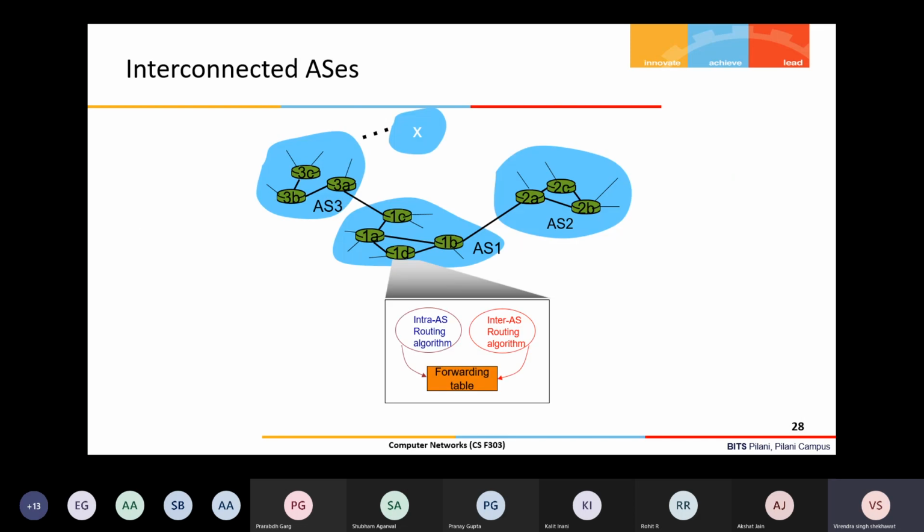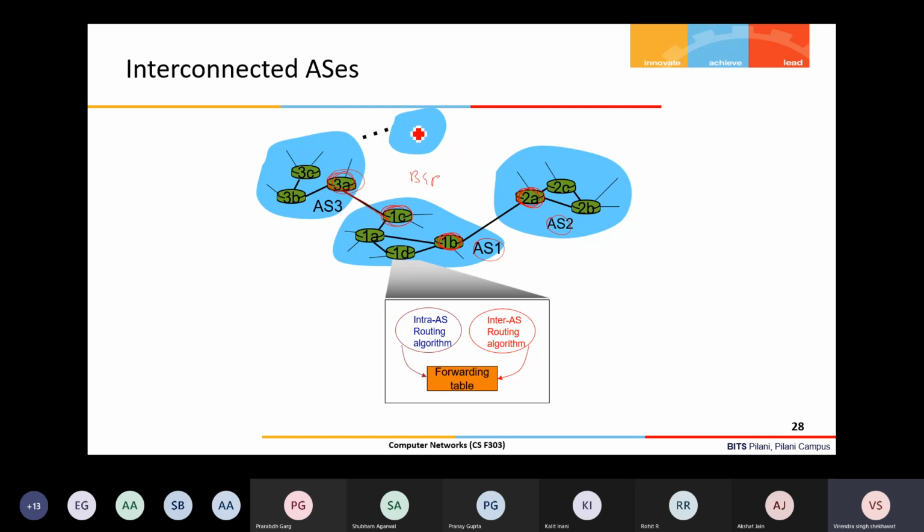This is a picture of interconnected autonomous systems. You can see three autonomous systems, AS1, AS2, AS3, and one router from AS3 and one router from AS1 are interconnected. This link will be used to route packets across the autonomous systems. Similarly, between AS1 and AS2 there is connectivity between this router and this router. The routers with the red boundary are BGP routers.